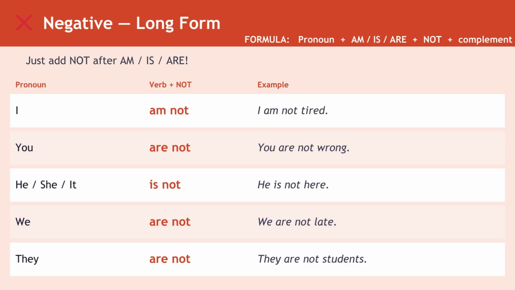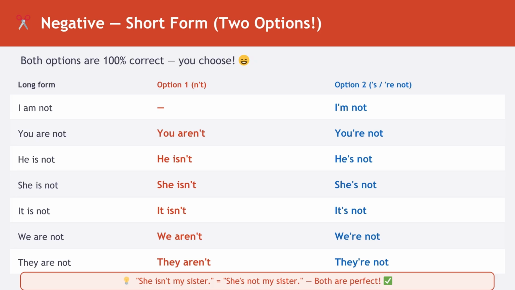See? Just add not after am, is, or are. Super simple. But wait. We have short forms too. Two options this time. Check it out. I am not. Well, this one only has one option. I'm not. You are not, you aren't or you're not.